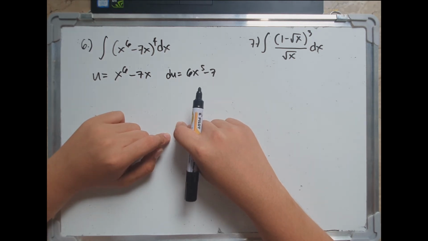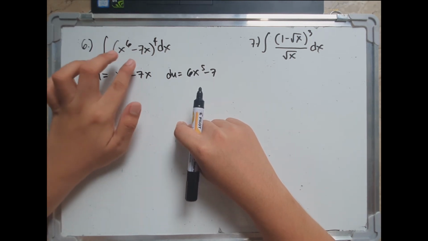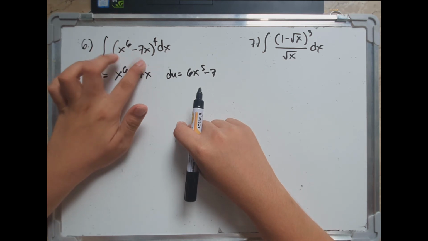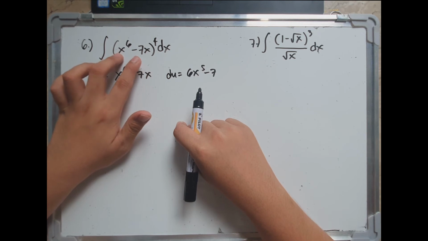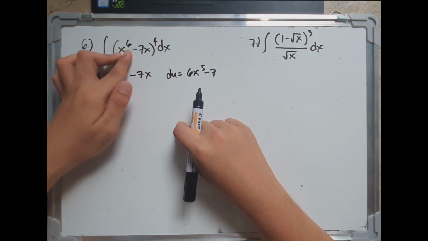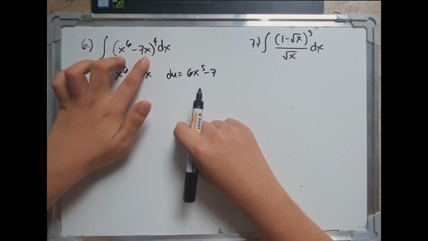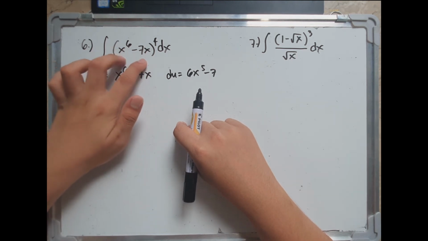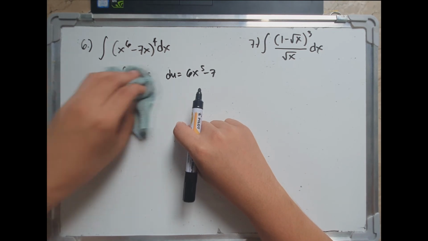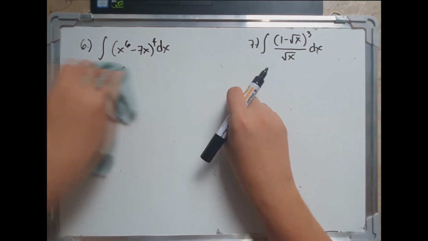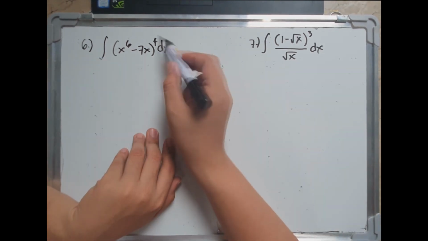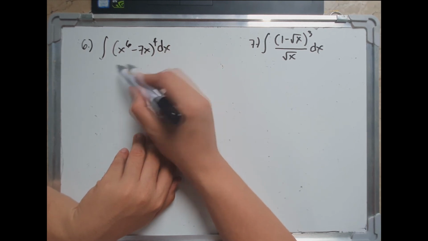We look at the two terms. What is common to both of the terms? Both terms contain x. We have x to the 6th, and we have x right here. If we factor out x from both terms, now we could use an algebraic method on this one.